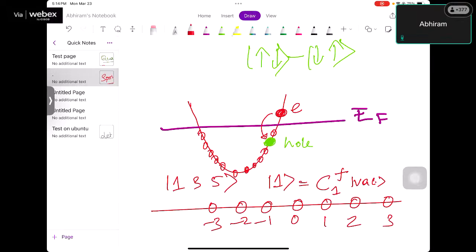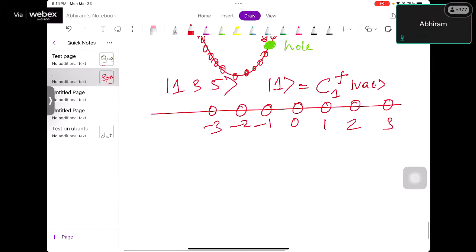You take this ket 135 and operate with the destruction operator, let us say C3. At site 3 I am destroying or annihilating an electron. This will simply give ket15, which means the electron which was present at site 3 is destroyed.